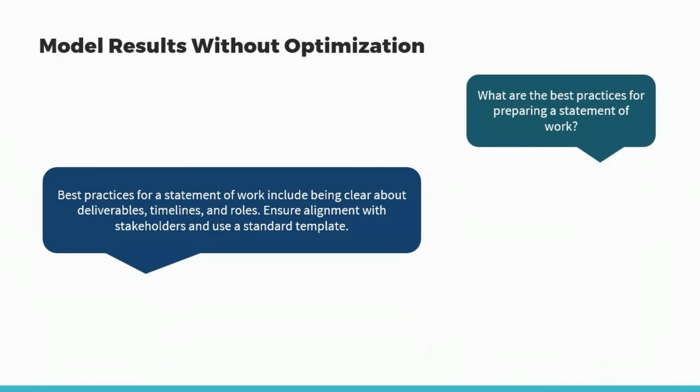Am I in construction? Am I in IT services? Or is it a statement of work for manufacturing? Now, the model tries the best it can from what it knows of the world. So it might say something like best practices include being clear about deliverables, timelines, and roles, ensure alignment with stakeholders, and use a standard template. Useful, kind of generic.